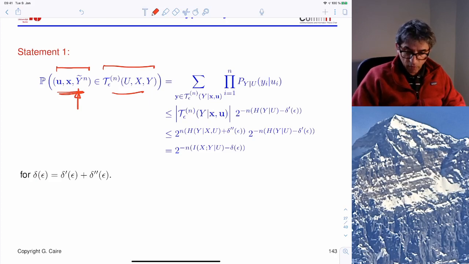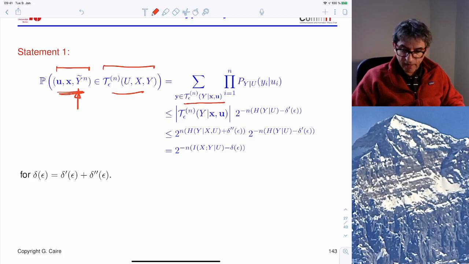So we sum over all the sequences y such that x, u, and y are jointly typical, which means summing over, by definition, the conditional typical set of y given x and u, the corresponding probabilities. But now what do we have?